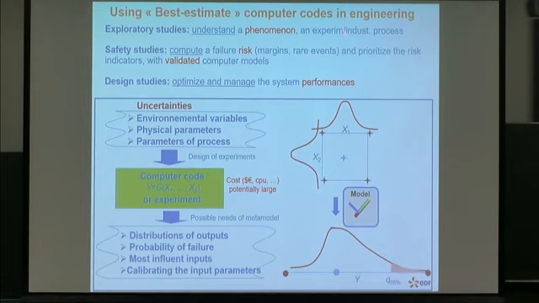And I can simplify by talking about three main objectives, three main studies. We can talk about a research and development study, saying that we try to use the physics to understand a phenomenon, because the fuel system is not completely understood, but we know the essential phenomena. And so we use these computer codes to make what I call exploratory studies.